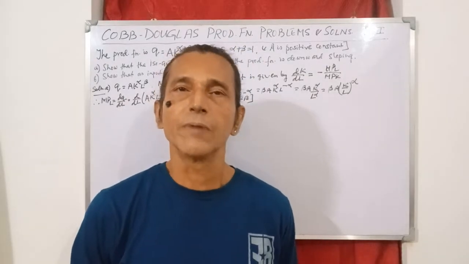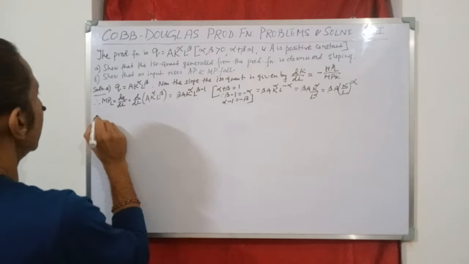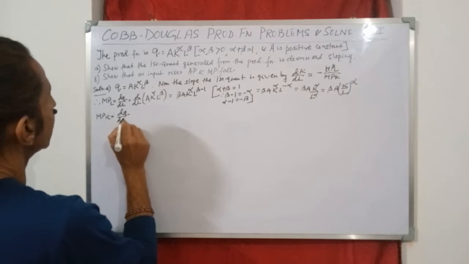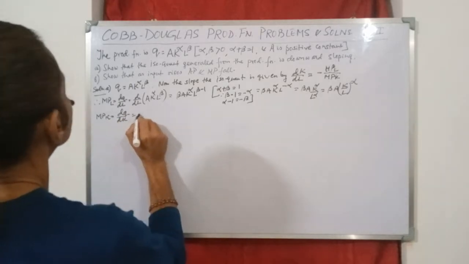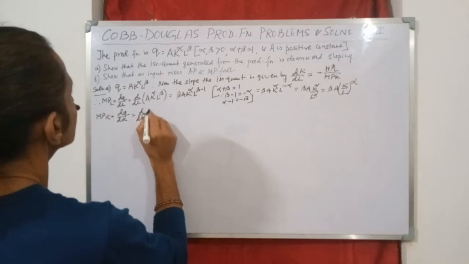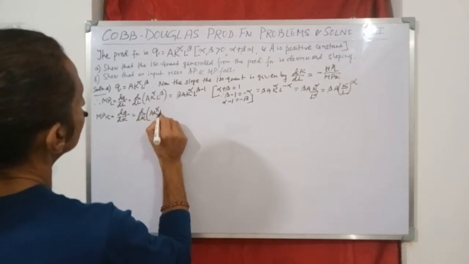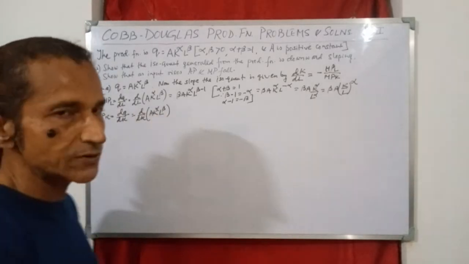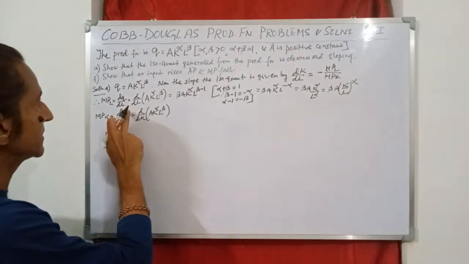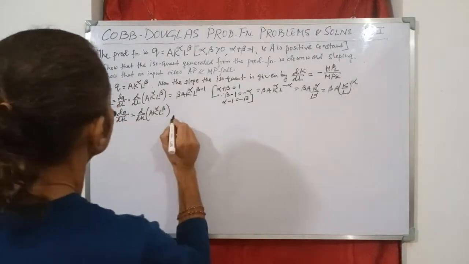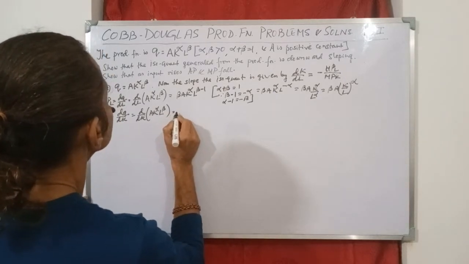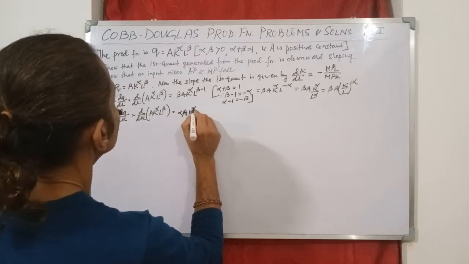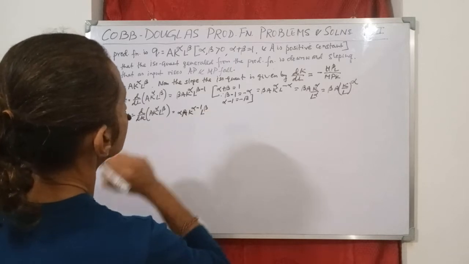So this is marginal product of labor. Similarly, we have to find out marginal product of capital. MPK equals dQ/dK equals d/dK of A K to the power alpha, L to the power beta. Here we are differentiating Q with respect to K. Previously we differentiated Q with respect to L. So this is equal to alpha A K to the power alpha minus 1, L to the power beta.